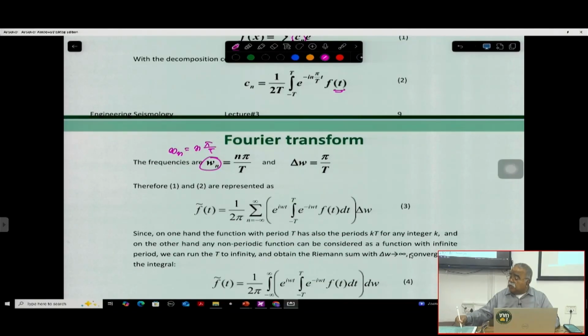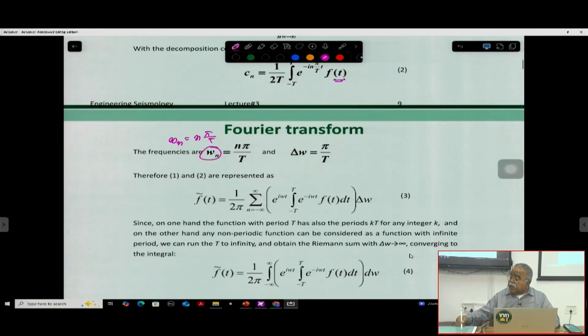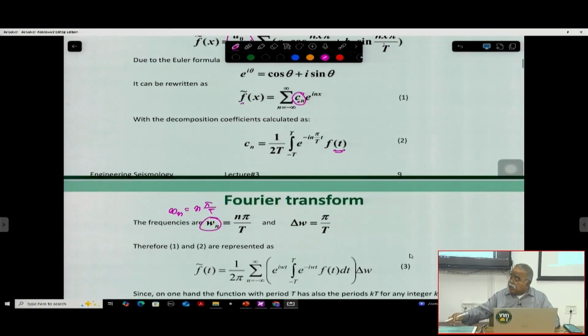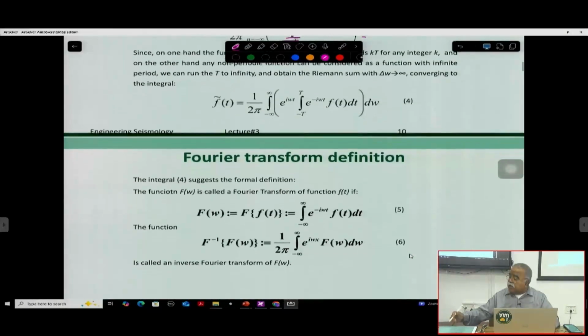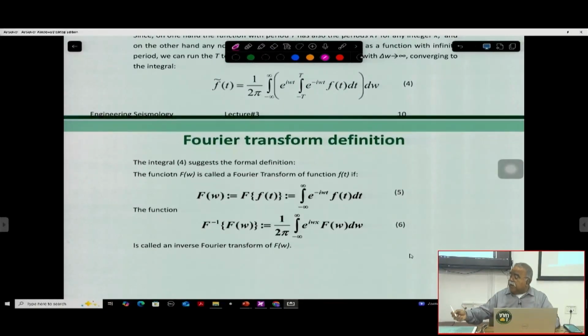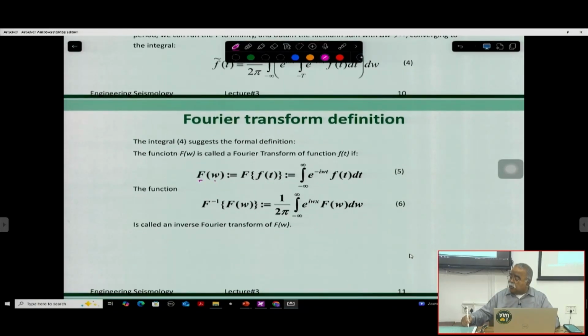If you put all the numbers in here, you get the main part: F(omega) will be equal to 1 by 2 pi times the integral from minus infinity to plus infinity of e to the power minus i omega t into f(t) dt.